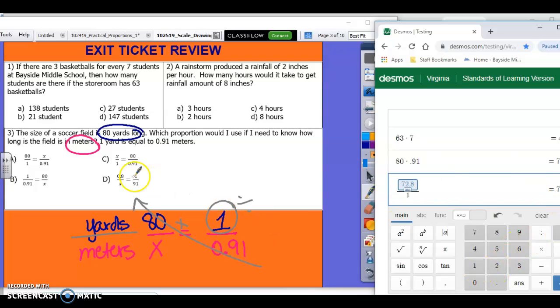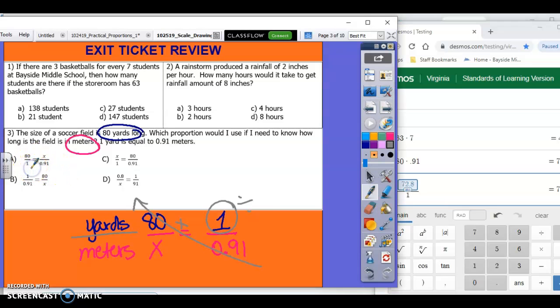So I'm looking for whichever one of these proportions gives me 72.8. So if I come to the first one, I'm going to type that in. So I know I'm going to multiply my diagonals, which is 80 times 0.91, which really is what I just did. And then I'm going to divide by 1. So honestly, I don't need to go any further. That should be my right answer because it's multiplying the same numbers together.